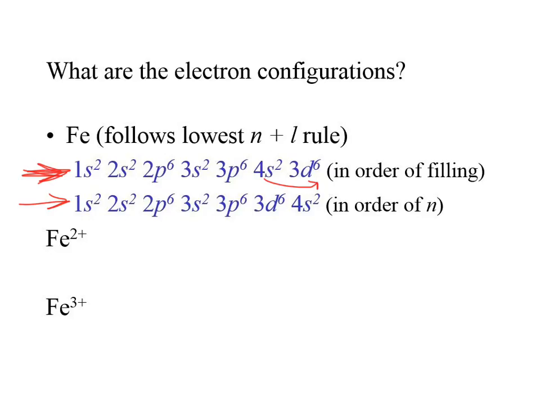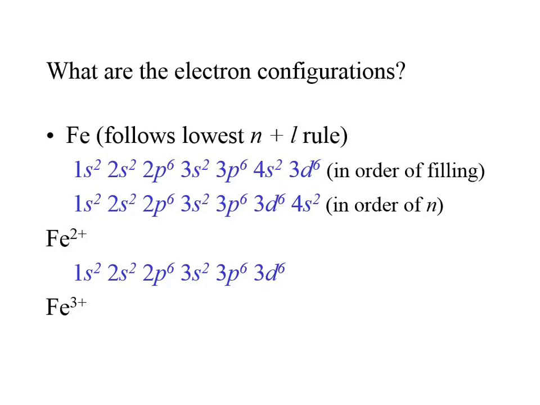You don't have to unscramble it, but you can, because then you see what your highest n value is. We have 2 electrons in the 4s subshell. So the Fe+2 is pretty obvious. If you compare the neutral atom and the one that has lost 2 electrons, notice the 2 electrons that were lost were those 2 electrons in the 4s.